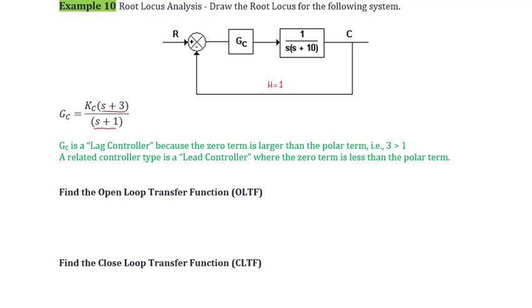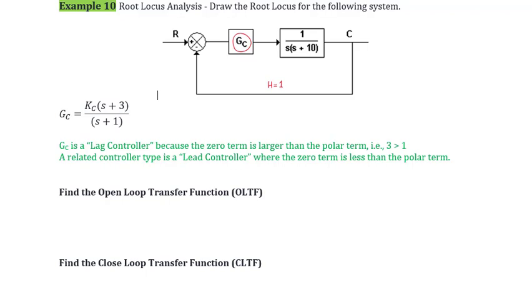Because the 3 is larger than 1, we call this a lag controller. And that follows the table that I provided during our lecture time for this course. So that's going to be our controller for this system, and we're going to follow the same steps every time to determine what the root locus would look like.